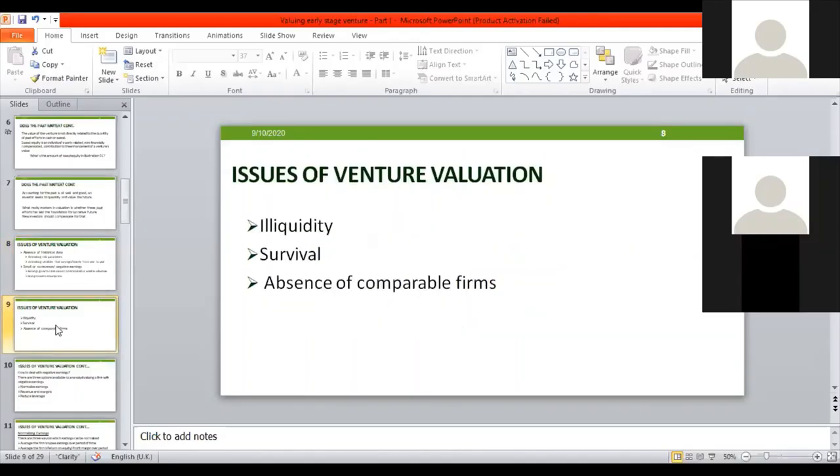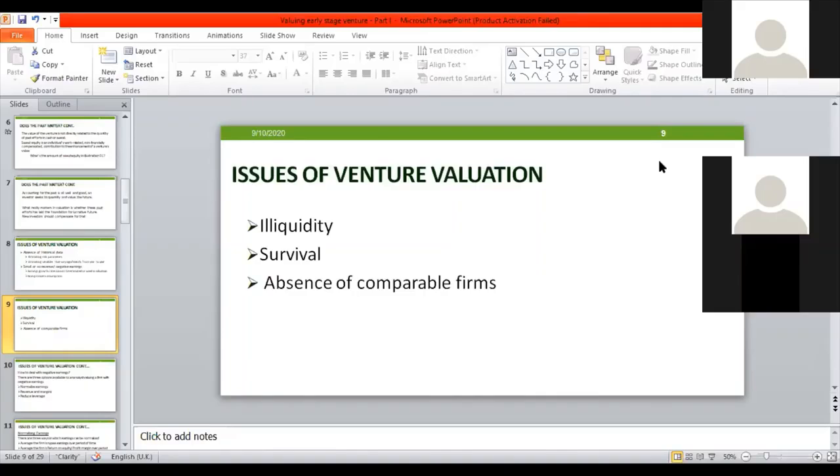Right. Then the next issue is illiquidity. Ventures mainly depend on private equity, and especially the seed finance is mainly provided by the owner or the family members or friends of the owner. So these investments are much more illiquid than investments in publicly traded companies.